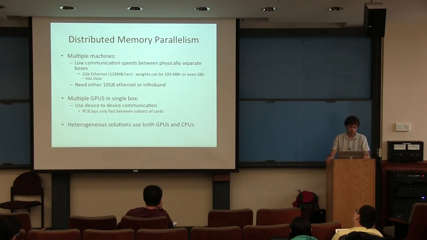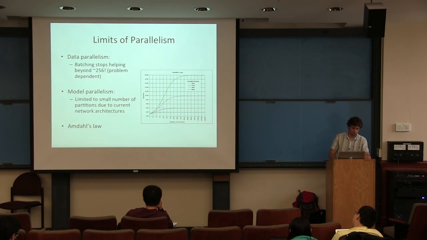Another thing to consider in distributed memory parallelism is to take advantage of both your GPUs and CPUs. If you can have code that runs in both environments, you can actually take advantage of all your computational resources. So, one of the limits of parallelism. In terms of data parallelism, batching stops helping at about 256 samples in a particular batch.